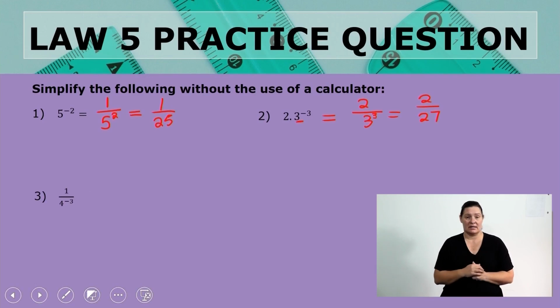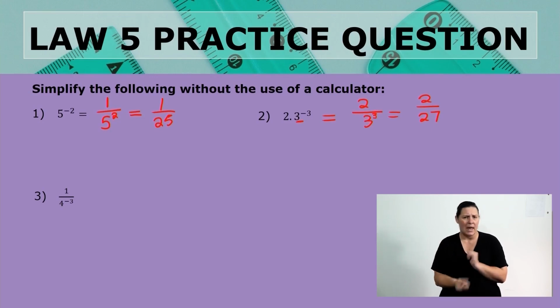So we have here number 3: 1 divided by 4 to the exponent of negative 3. So what is going to happen here? The negative exponent is already in the denominator, so it is going to become a numerator, and it is going to multiply with whatever numerator is there already.